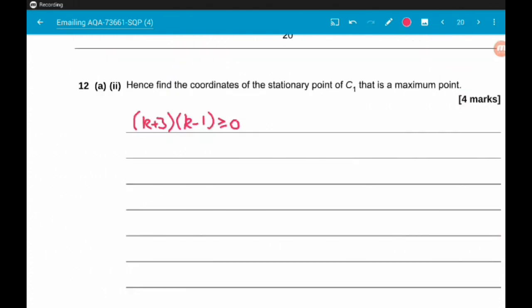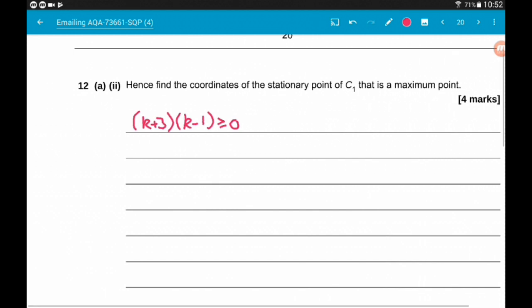Okay, then part A2 says, hence, find the coordinates of the stationary point of C1 that is a maximum point. So we're using this inequality that we've just found out. Remember, this is the discriminant of that quadratic equation on the previous page.